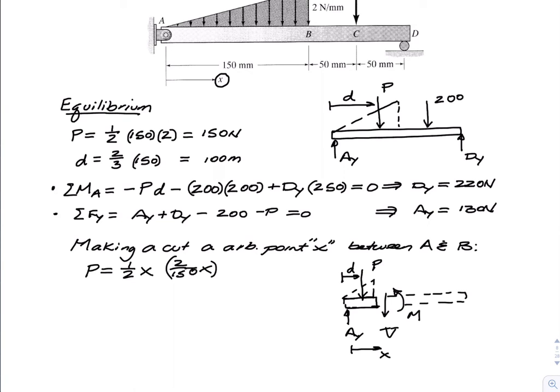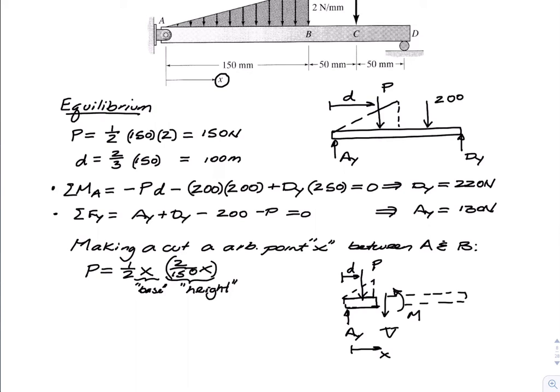The slope there, it's 2 Newton per millimeter over a distance of, I'm sorry, over 150. That provides us with the slope. And then multiplying by x gives that equation. So in terms of the triangle, this is the height and this is the base. Area is 1/2 the base times the height.